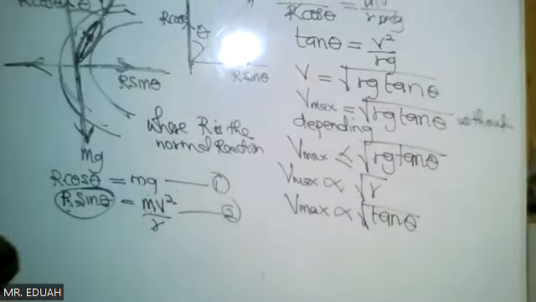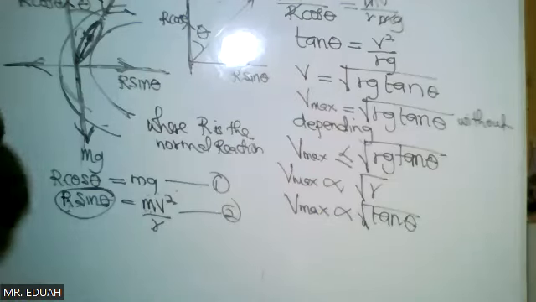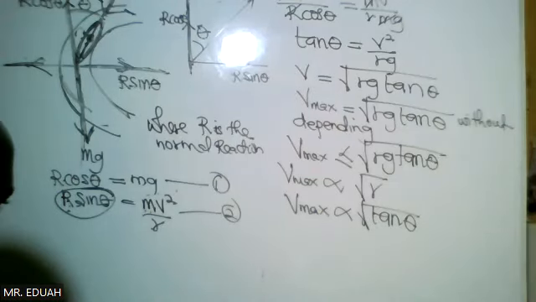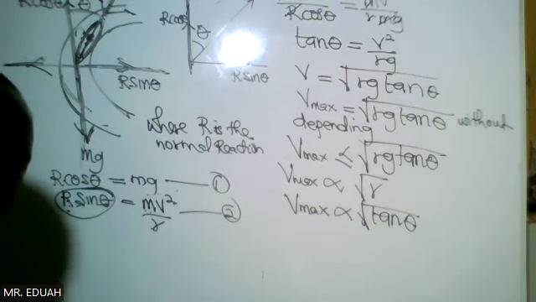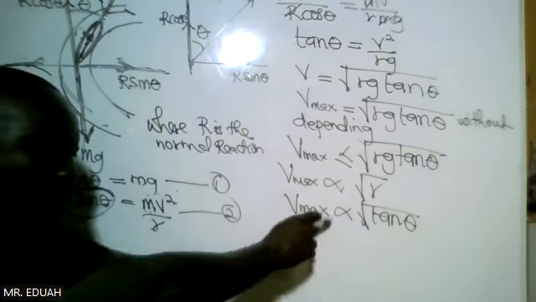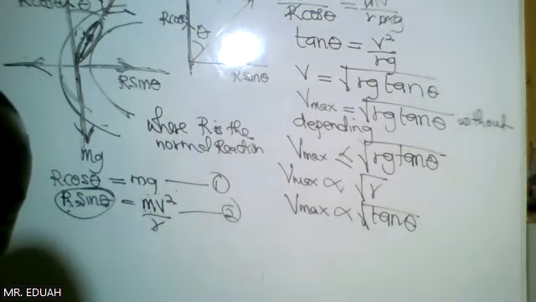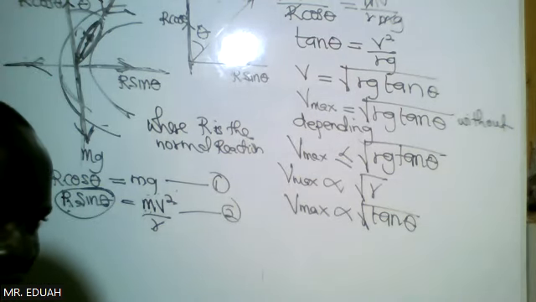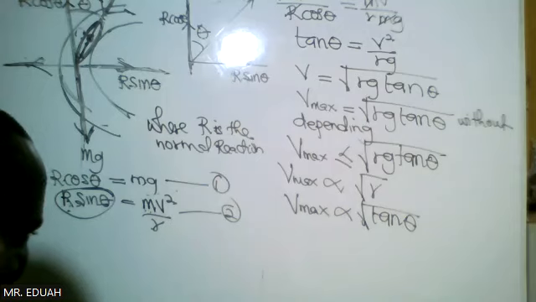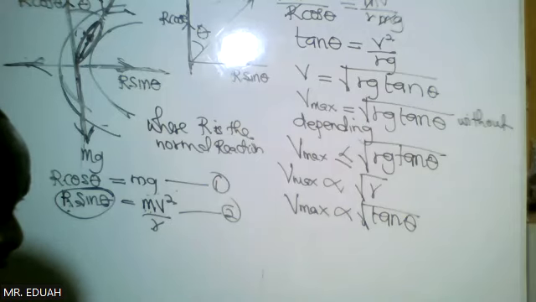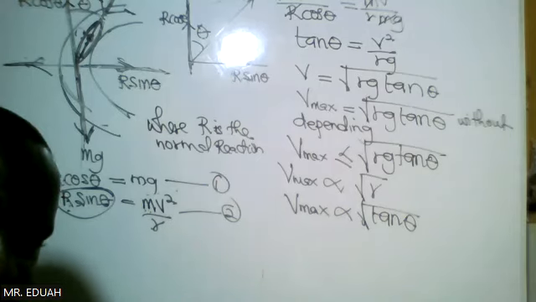The reason motorists make that turn as if they are almost falling is that the speed you can move with is directly proportional to the square root of the tangent of the angle of tilt. So if theta is large relative to the vertical, it can also augment your speed.